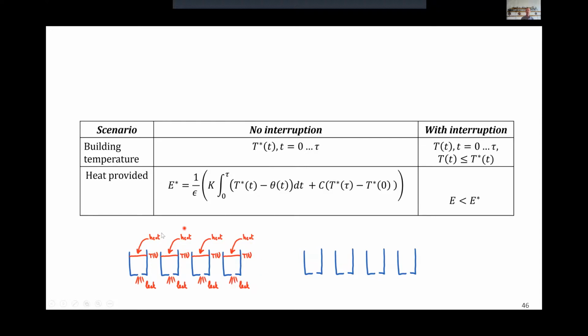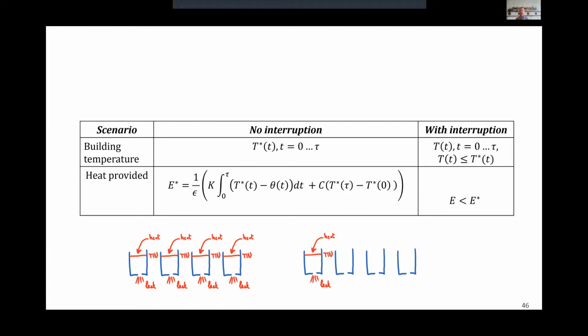But if we do the integral, everything that I've put in is either inside or has gone out. Since the level at the end is the same as the level at the beginning, I keep the target temperature the whole period, everything that I've put in is what's gone out. So the whole heat I've put into the system in this simple scenario is simply heat that's gone out into the air.